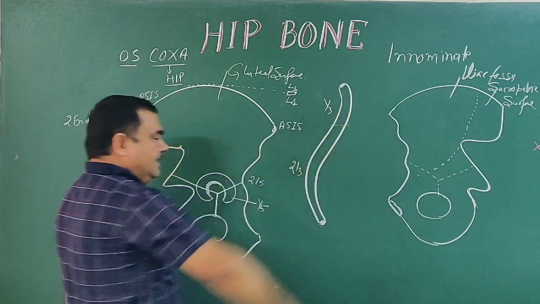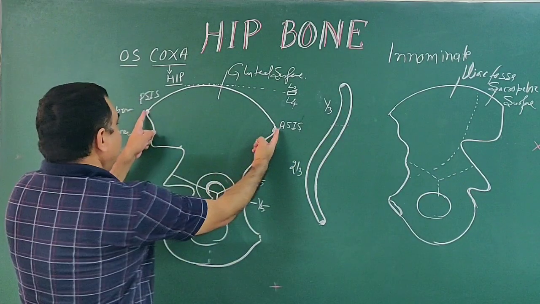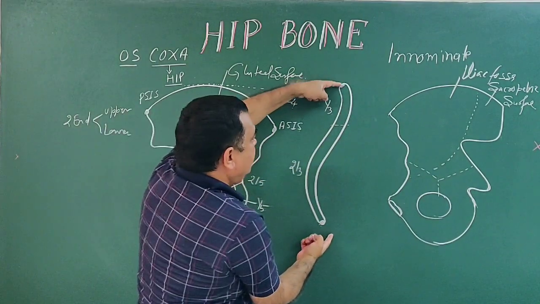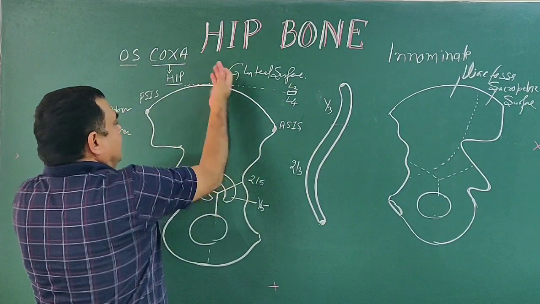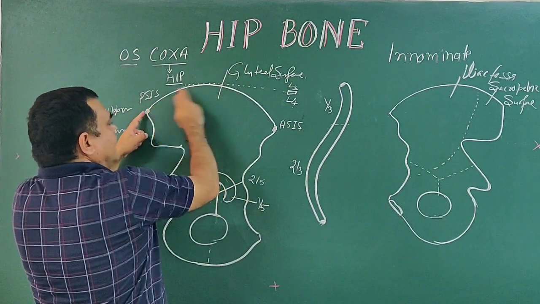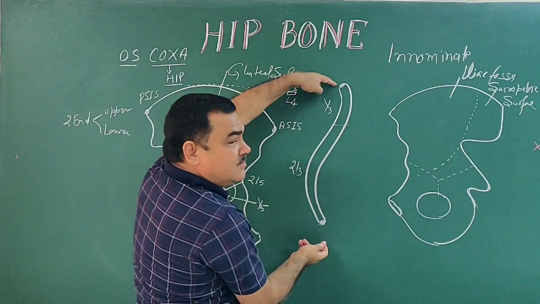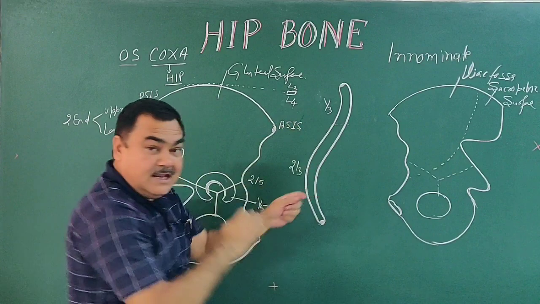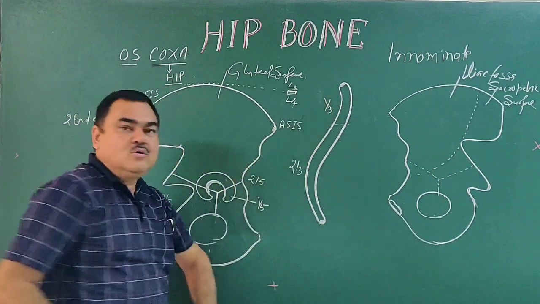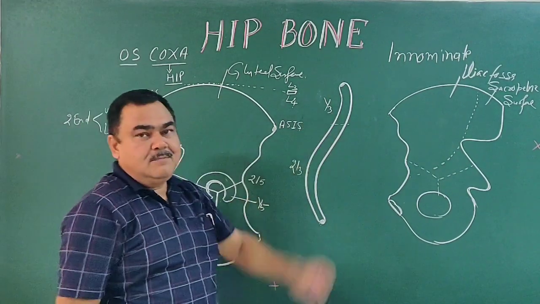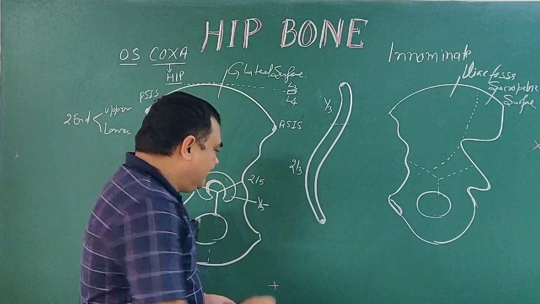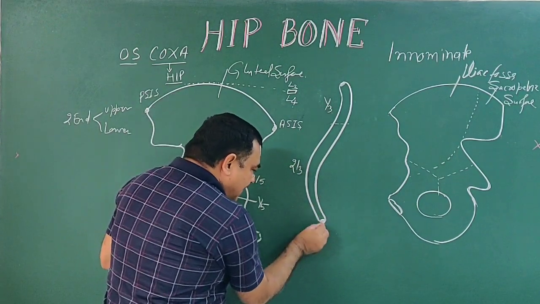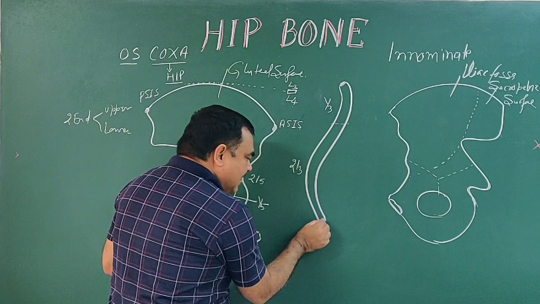And this is the iliac crest from here to here. This is the vertical part, here it is convex. Anteroposteriorly, in the anterior 2/3 part it is concave on the inner side and in the posterior 1/3 part concave on the outer side.